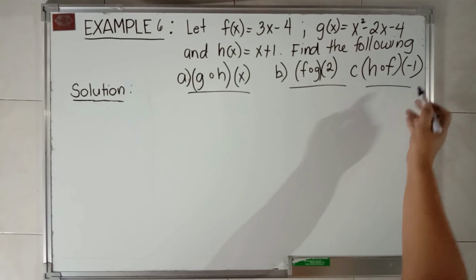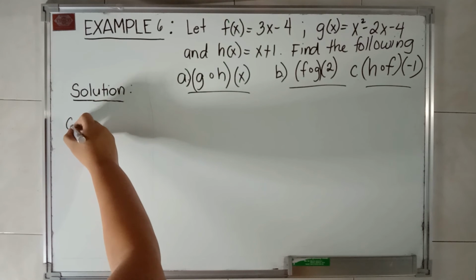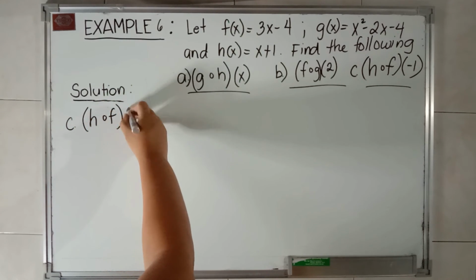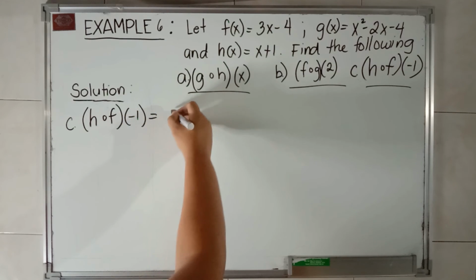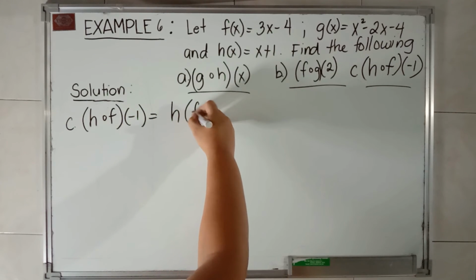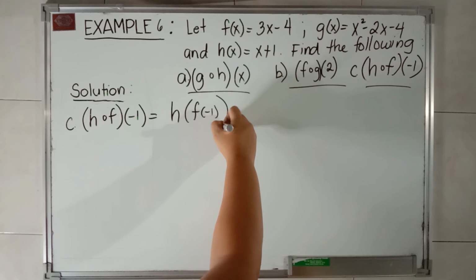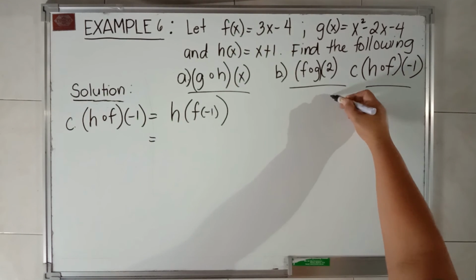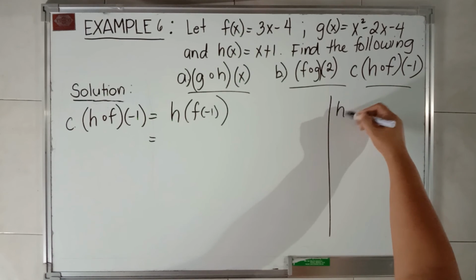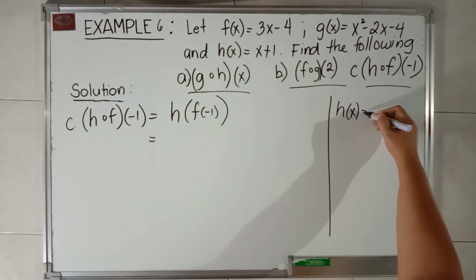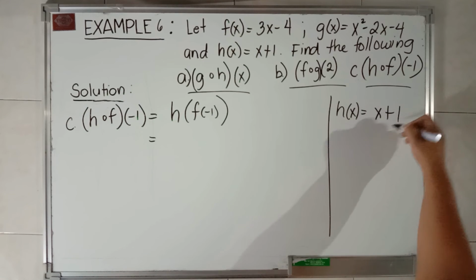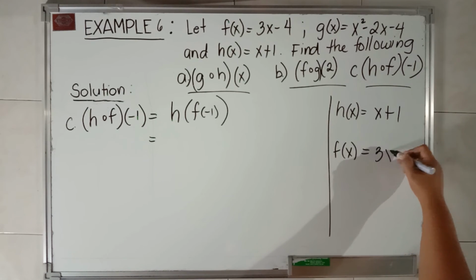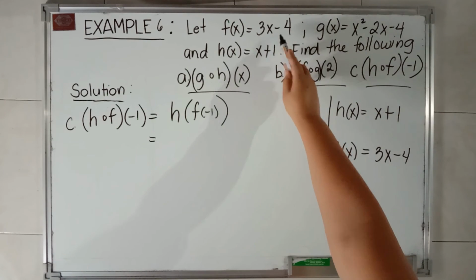For the last letter in example 6, we have C, which is h circle f of negative 1. So, we have h of f of negative 1. Let's write first the given, which is h of x is equal to x plus 1 and f of x is equal to 3x minus 4.